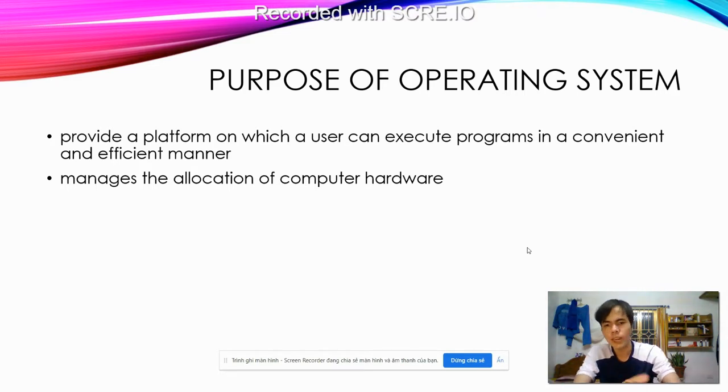They provide a platform on which a user can execute programs. It means the desktop. Basically, it's a desktop, and it's a window, or in Mac, maybe they just call it window and desktop.